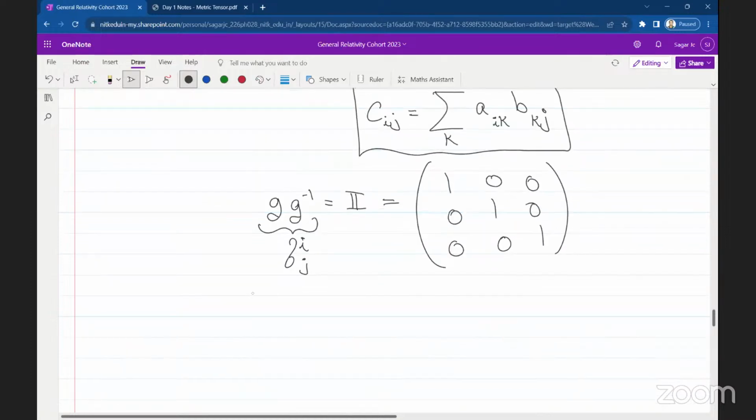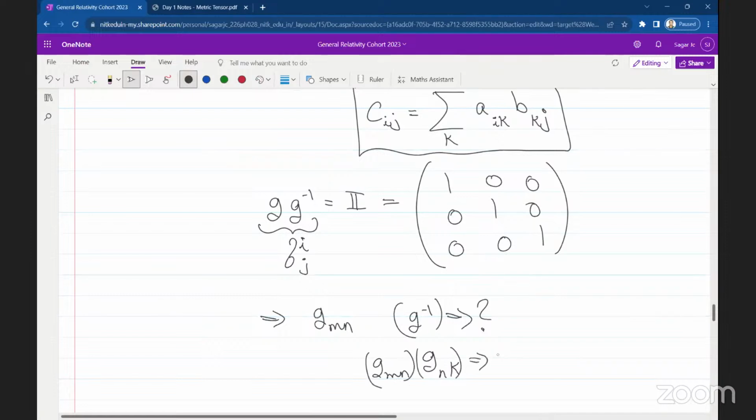If the component of the metric tensor is G_mn, how should the component of the inverse metric be? It should be of the form G_nk, so that G_mn G_nk gives me a matrix multiplication expression. That's what we got here.